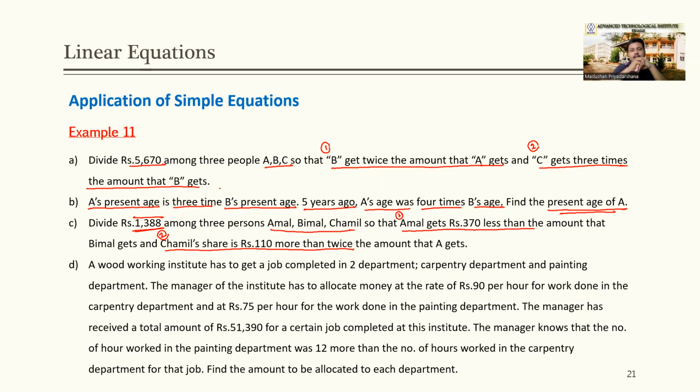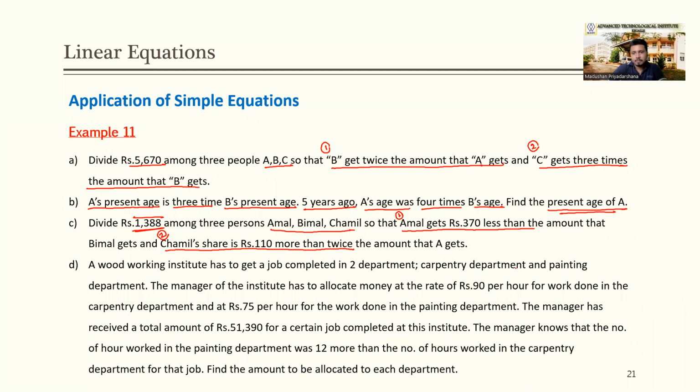Right? Then the manager of the institute has to allocate money at the rate of 90 rupees per hour for the work done in the carpentry department and 75 rupees per hour for the work done in painting department.